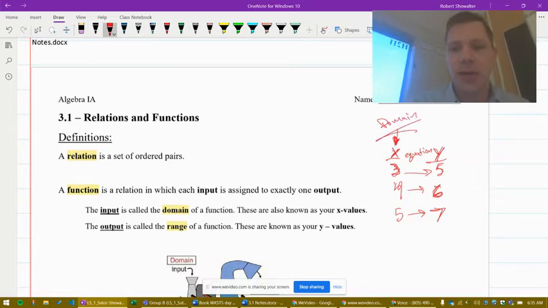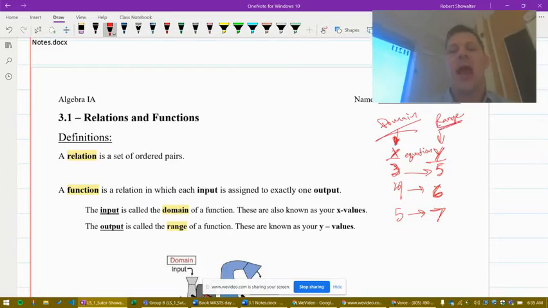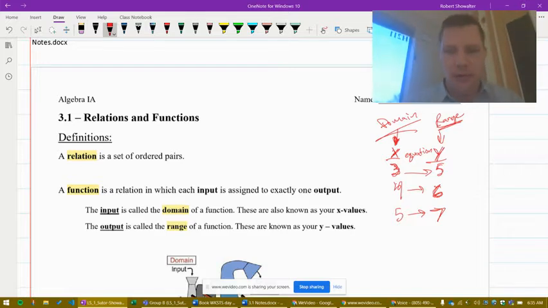Domain is the input values, the numbers that you can put into the equation. We have a fancy word, range, which are the values that come out of the calculation after you put the input of the domain in the equation or the rule or the function.